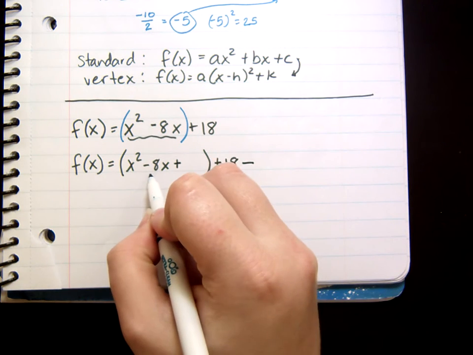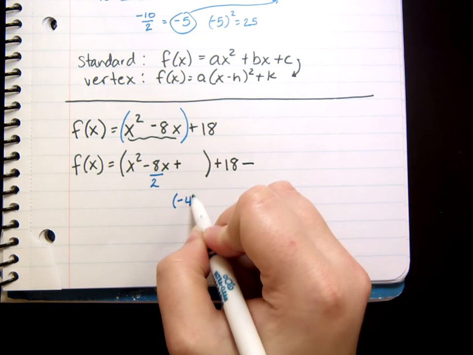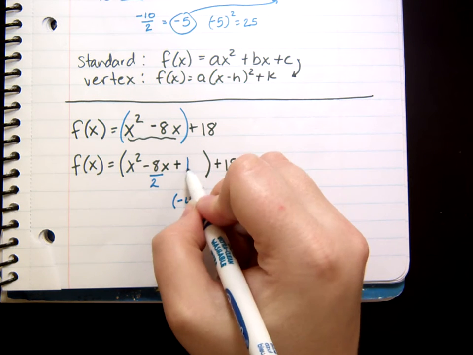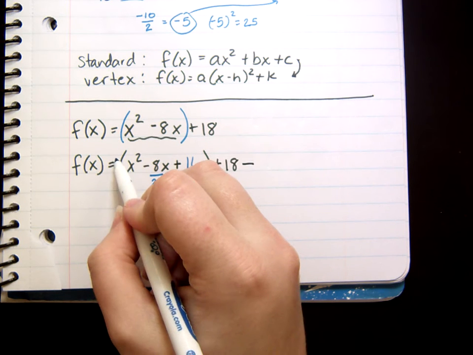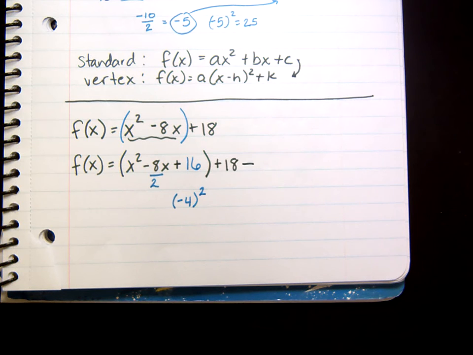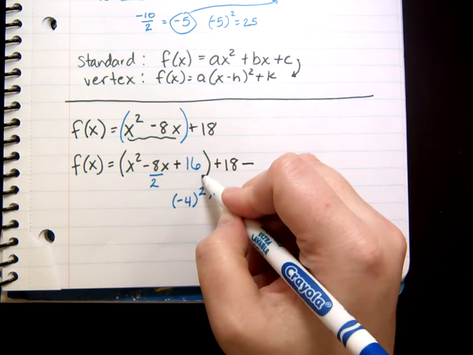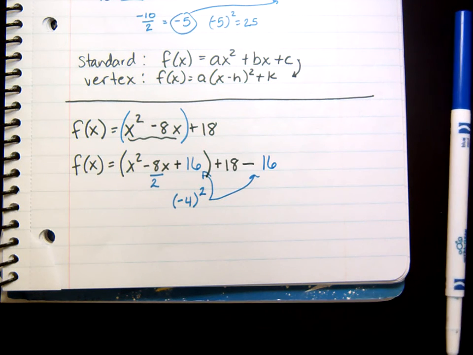So what I'm going to do is take the b value divided by 2, which gives me negative 4, and I'm just going to square that value. Negative 4 squared gives me 16. And because the number in front of x squared was just a 1, I can just put this same 16, not just here, but also over here.